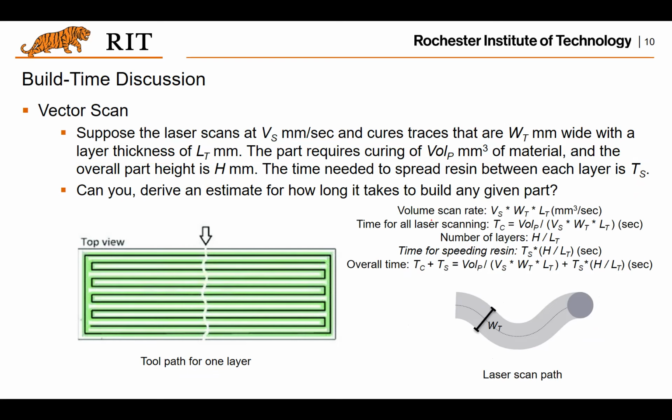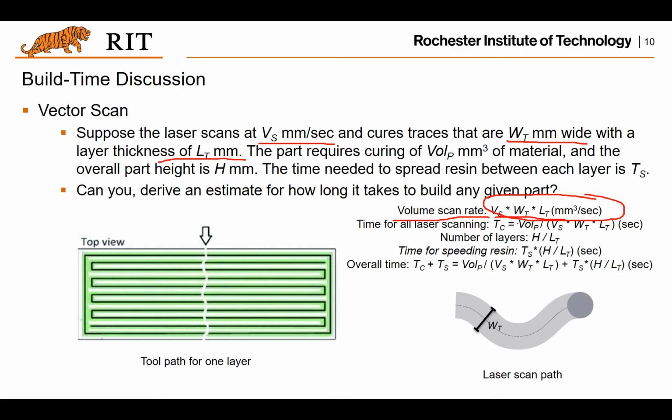So I can show you the result. To compute the laser scanning time, what you want to do is compute the volume scan rate. So how do you come up with it? You have the linear speed for the laser scan, VS, and you have the trace width, WT, and also the layer thickness. Put them together, and you will have the volume scan rate.